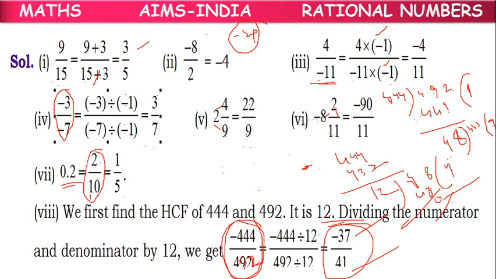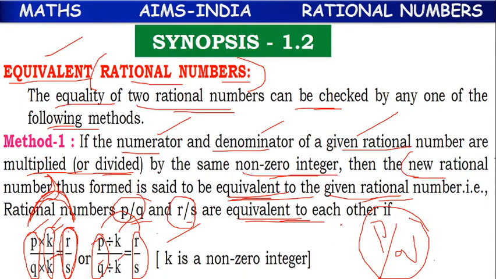Okay, children. So this is about synopsis 1.2. What we have learned? Equivalent rational numbers. So how to check whether they are equivalent or not? If we multiply with the same non-zero integer, or if they are divided with the same non-zero integer, then the resulting rational number is said to be equivalent to the first one.